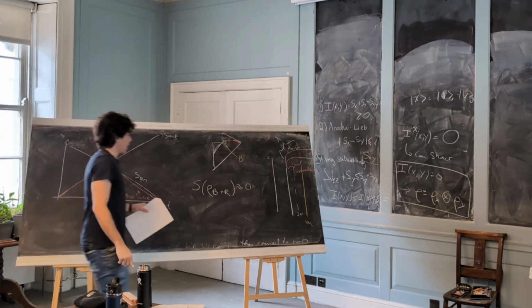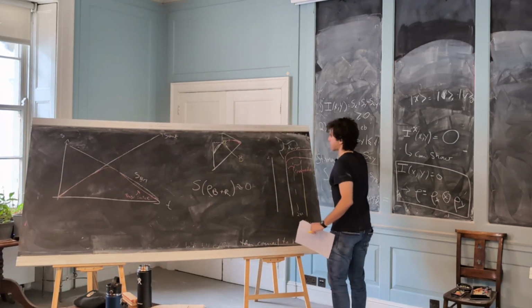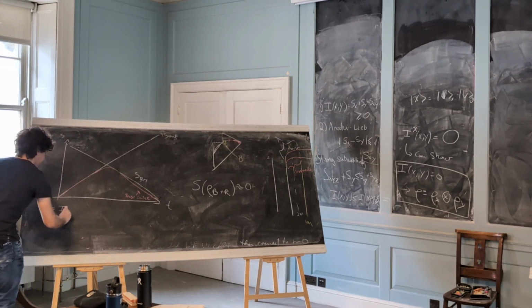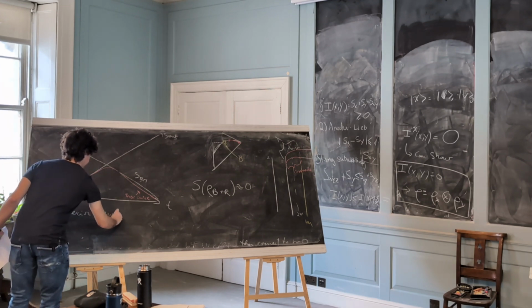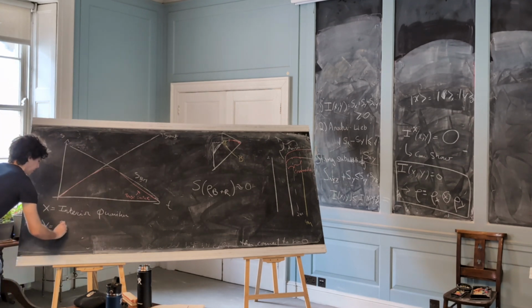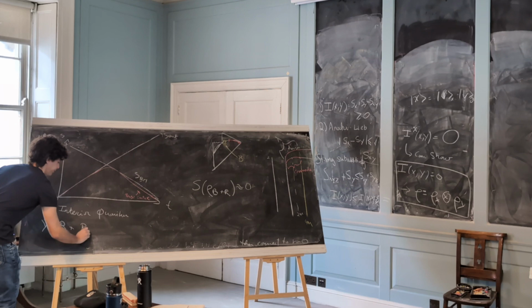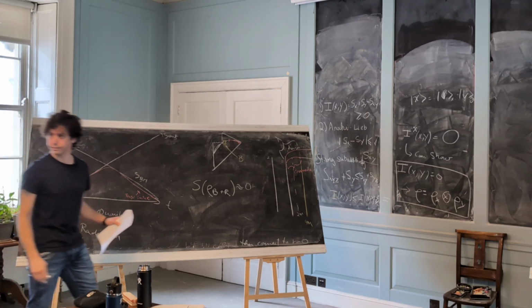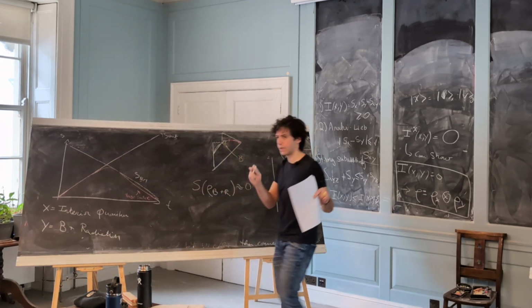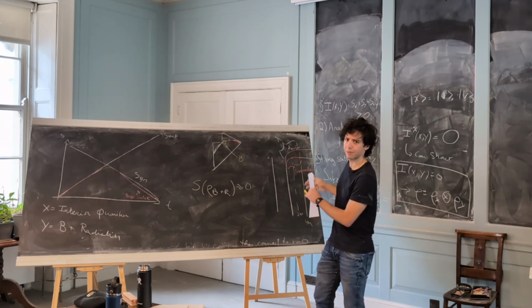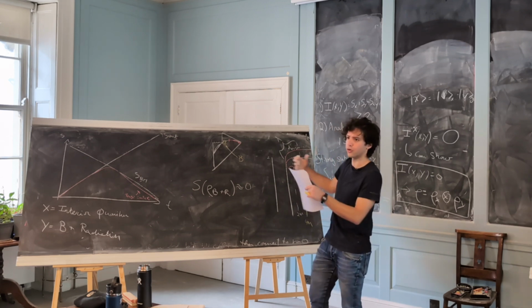So I'm going to call X the interior quantum, and Y will be B plus radiation. So X will be the stuff inside this very late black hole, and Y will be the stuff outside. Right? It's my old radiation that I collected plus this new Hawking quantum.